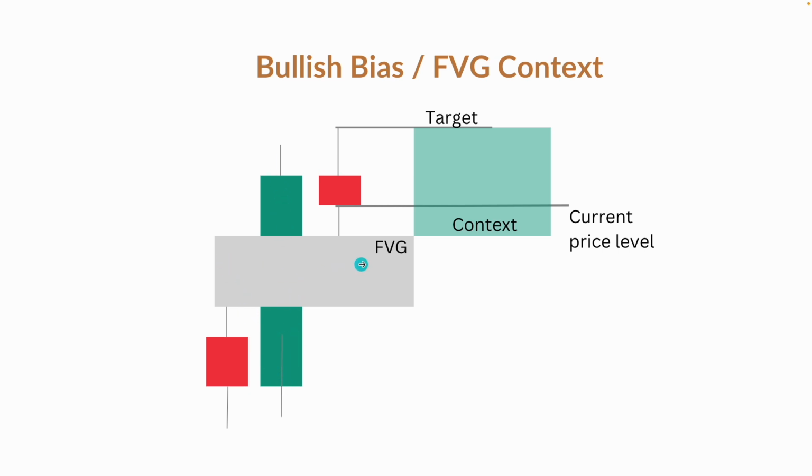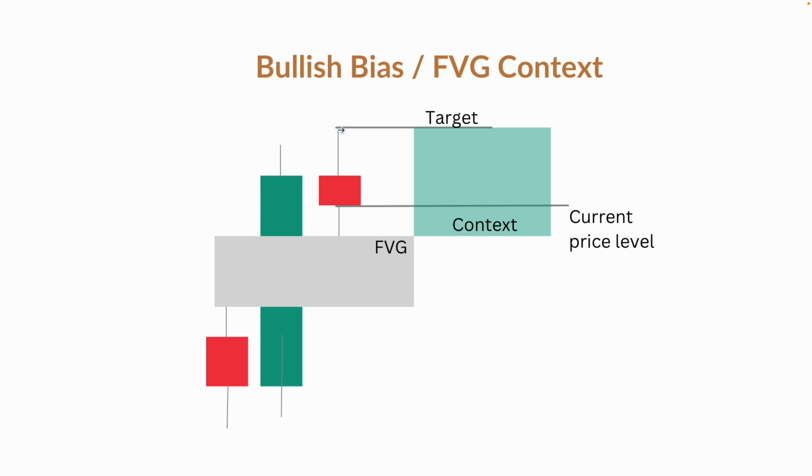So this fair value gap is our context and the target is this swing high. Within this area, which is also called the area of opportunity, we will take an entry on the lower time frame.